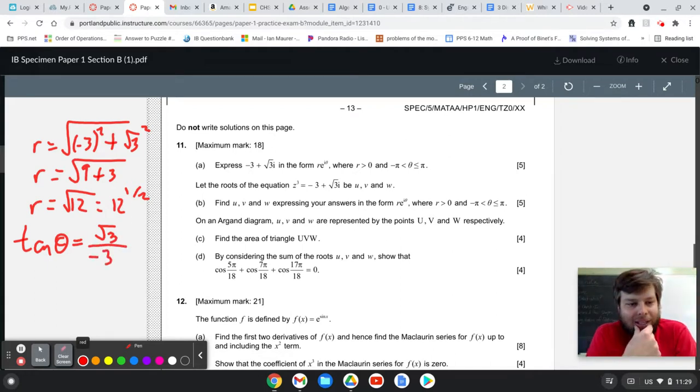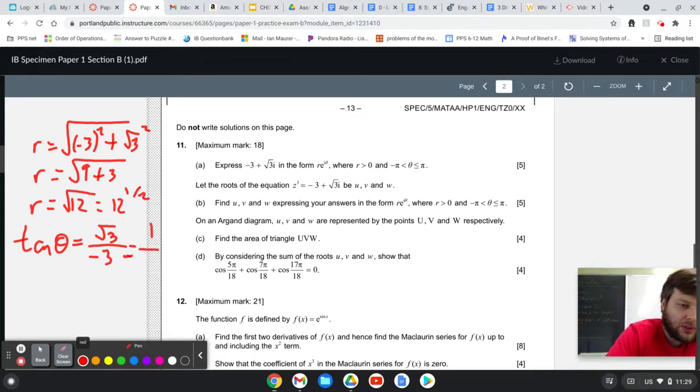And this is equivalent to, if you looked on your unit circle, 1 over negative square root of 3, which is also equivalent to 1 half over negative square root of 3 over 2.